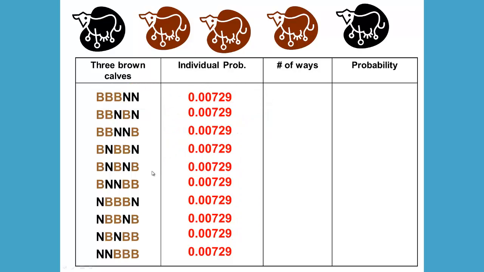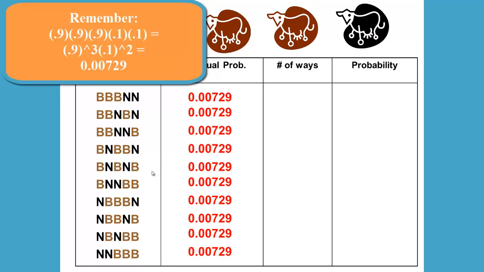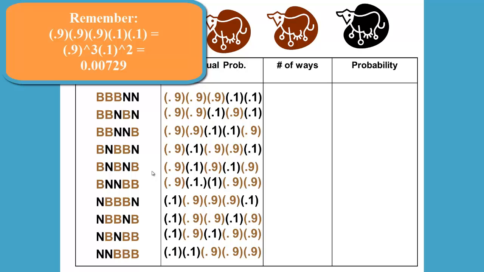And when we multiply those out, each of those multiply to be 0.00729. How can we tell how many there are? Well, how many ways are there to place 3 brown cows in 5 slots? It would be a combination of 5 choose 3, which would give us 10.